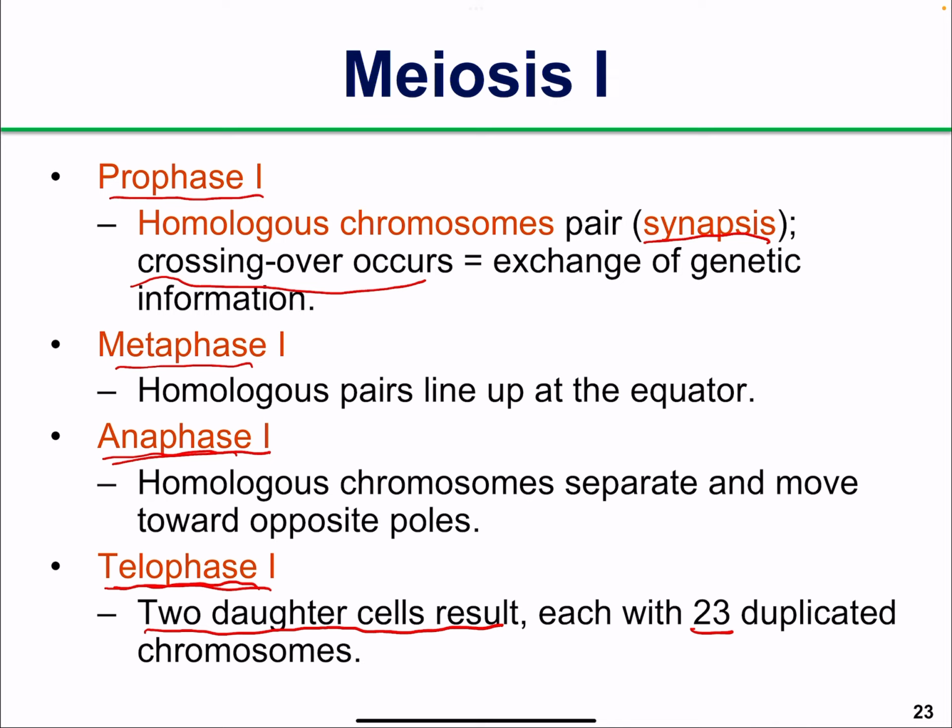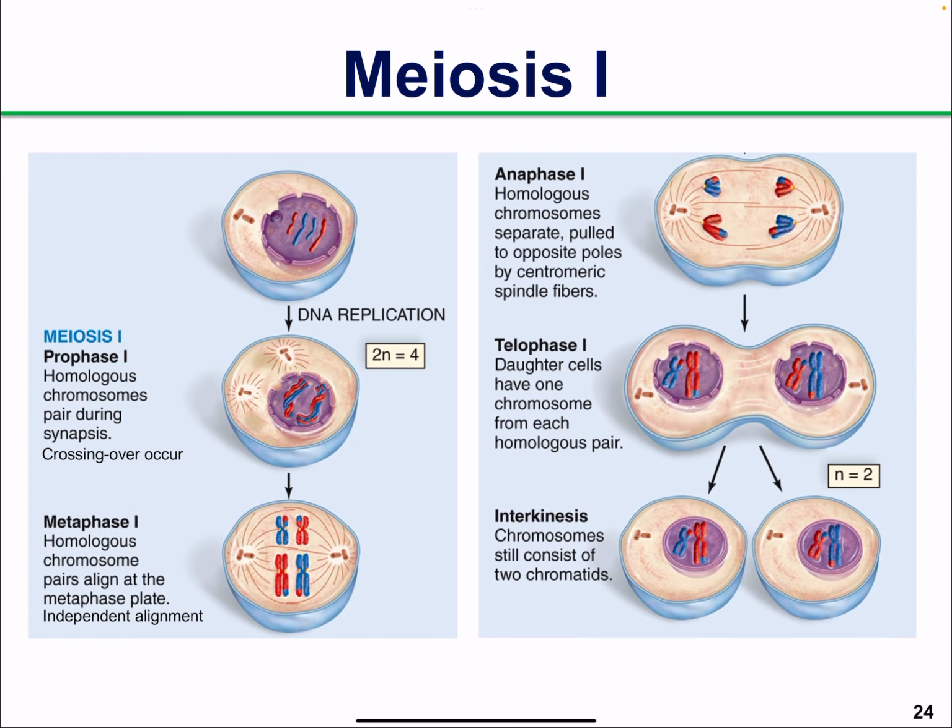But each of the set has sister chromatids. Remember that. That's why we say each with 23 duplicated chromosomes, right?